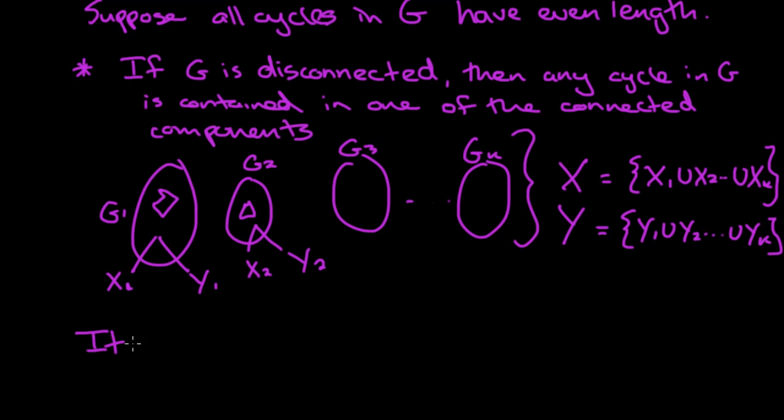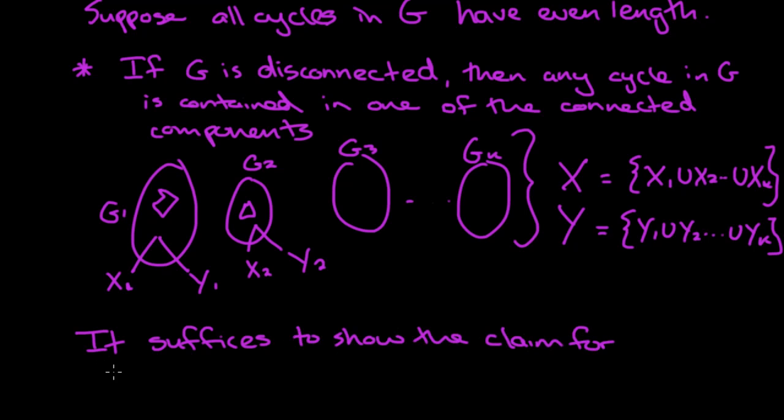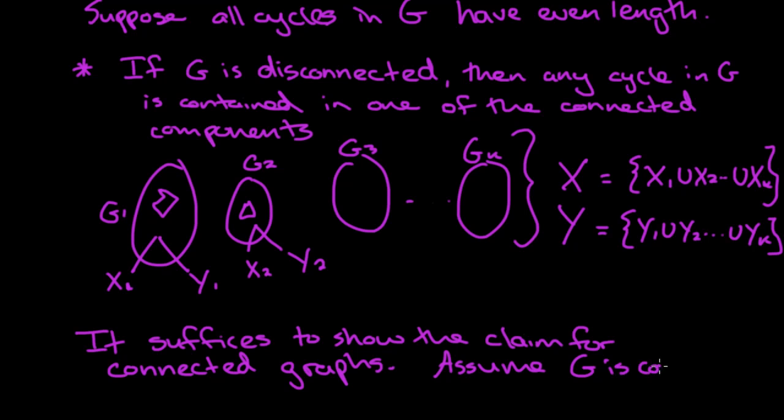So it suffices to show the claim for connected graphs. So we assume G is connected. Once we've showed the claim works for connected graphs, then if the graph was disconnected, you just run the claim through all of the connected components and you're done.